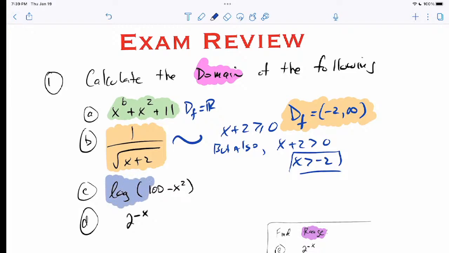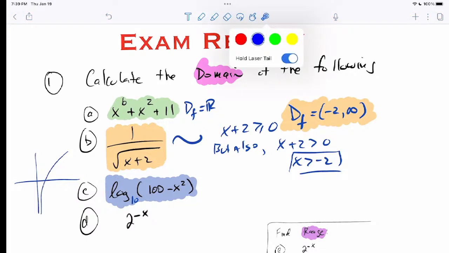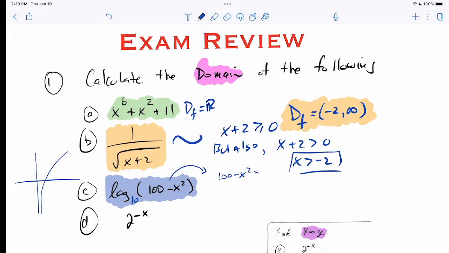If you're looking at D here, remember your logarithm, regardless of the base. In this case here, this implied base is 10. So in that situation, your logarithm looks something like this. You'll notice that the domain of your logarithm is greater than 0. So it has to be the case that 100 minus x squared must be greater than 0.